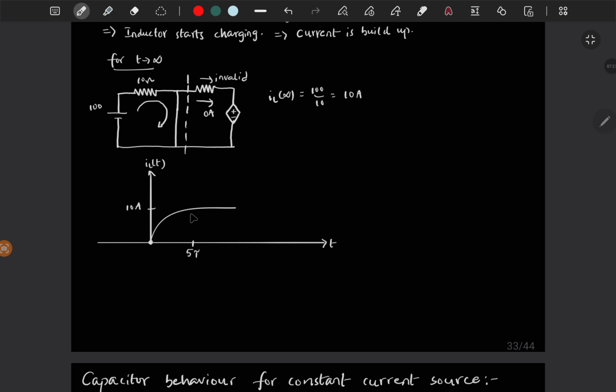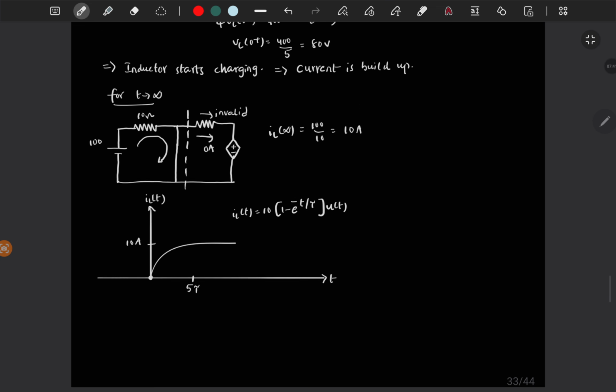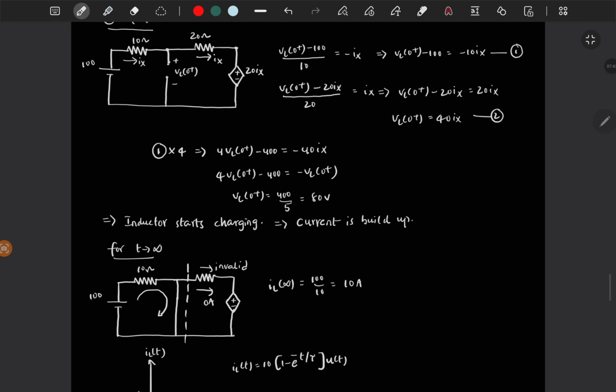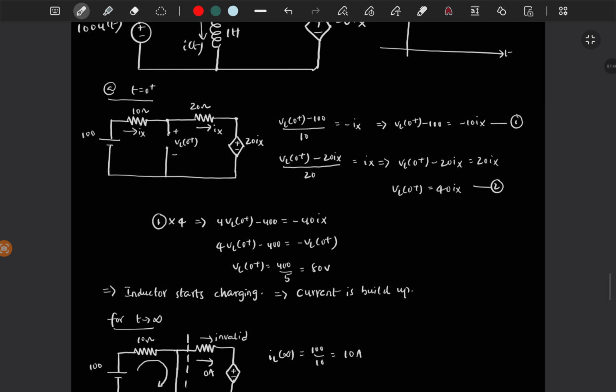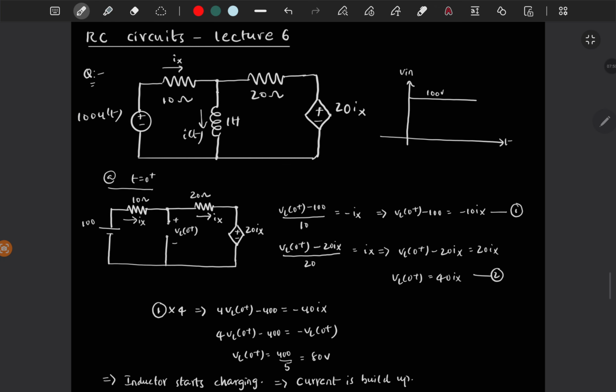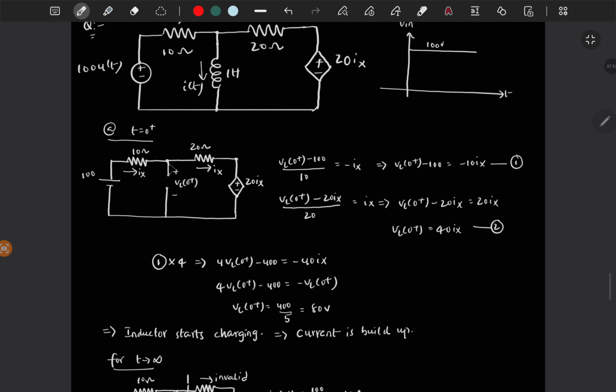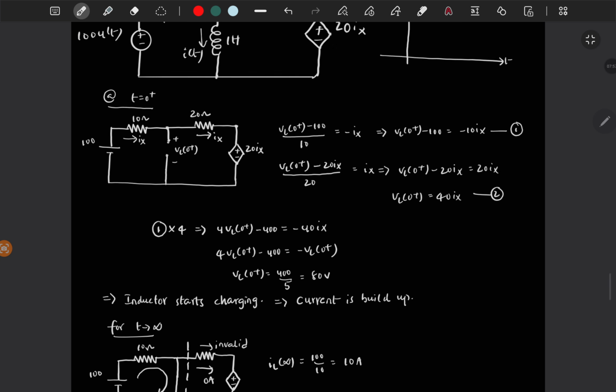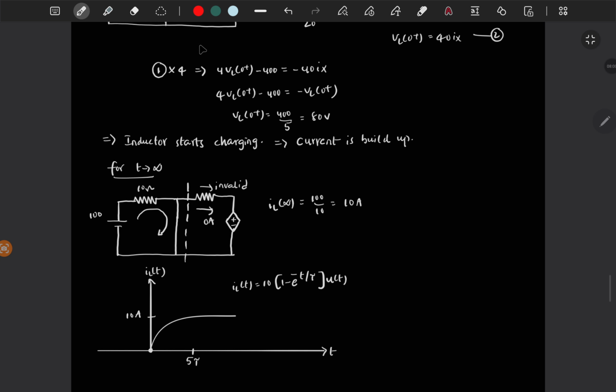It will charge in 5 time constants. So IL of t is 10 times 1 minus e power minus t by tau u of t. So this is the expression of the current flowing through the inductor. Now if you want to find the time constant, then for t greater than 0, you have to find the R equivalent across the inductor terminals. So let's quickly find that.